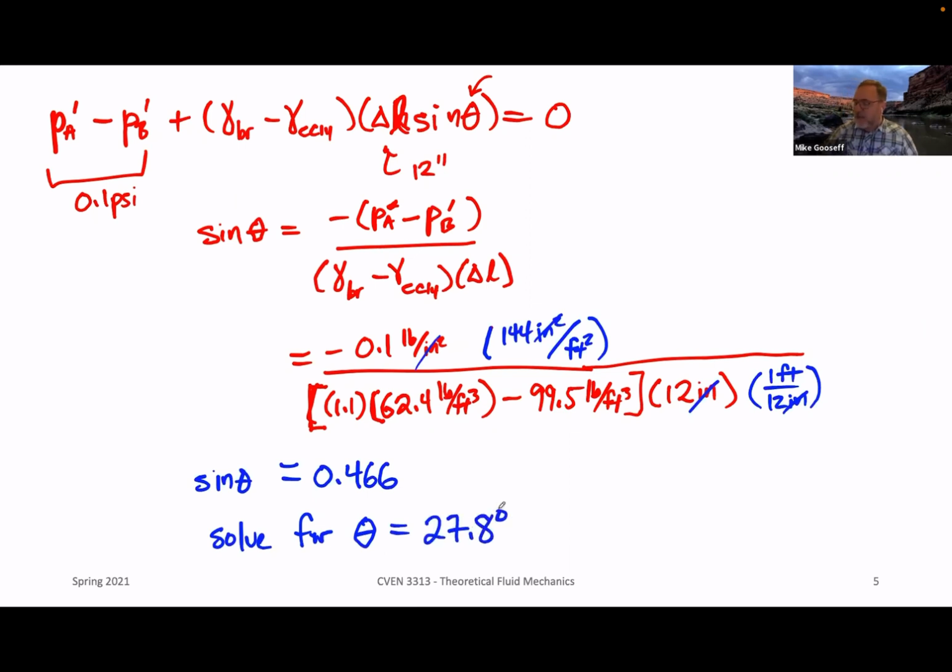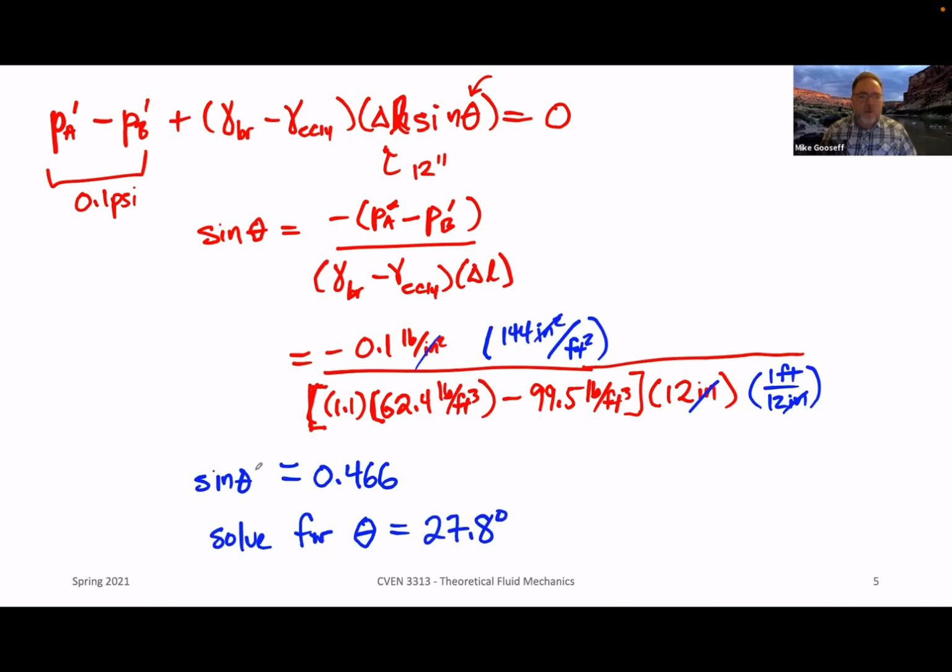I would just do that by looking for the inverse sine here to give me what angle gives me a sine of 0.466. It should be 27.8.